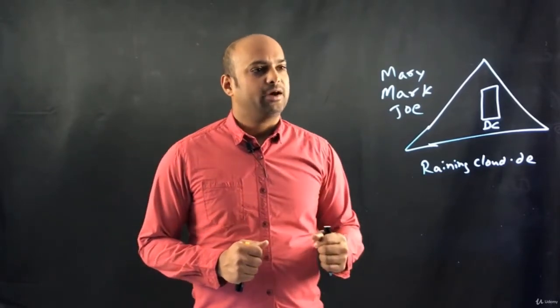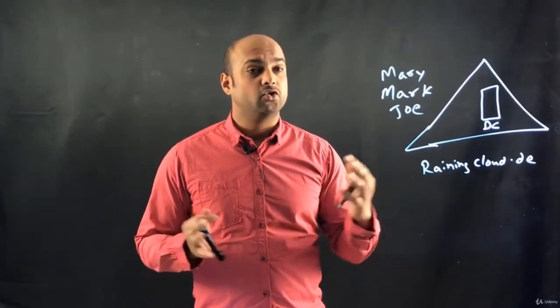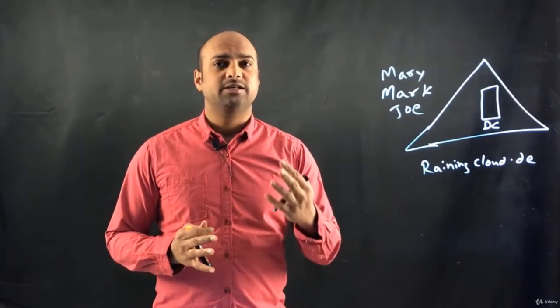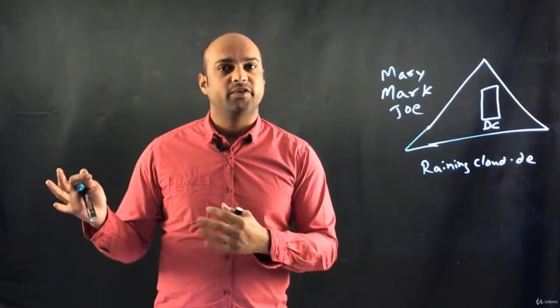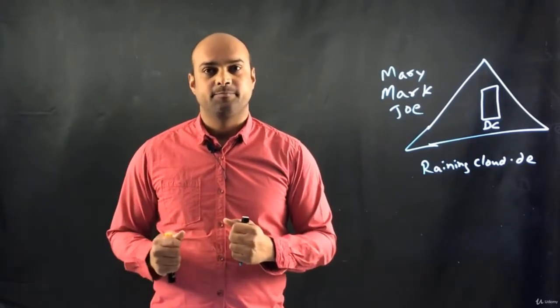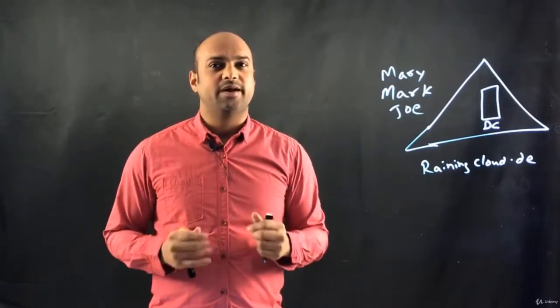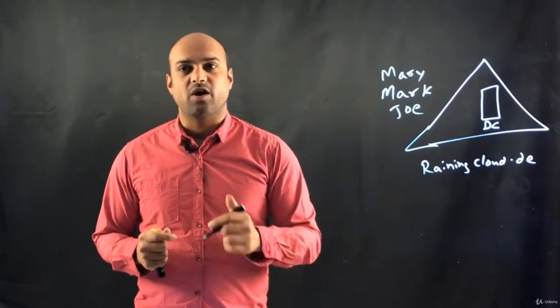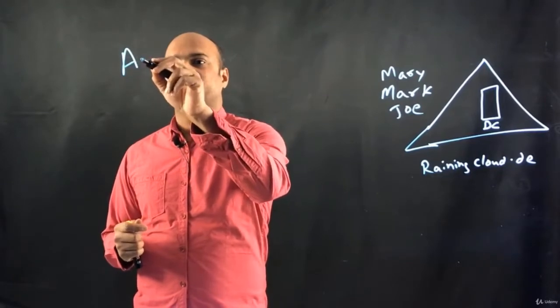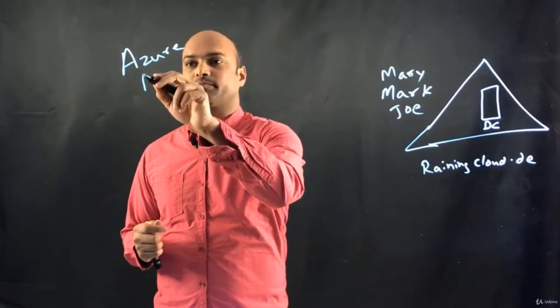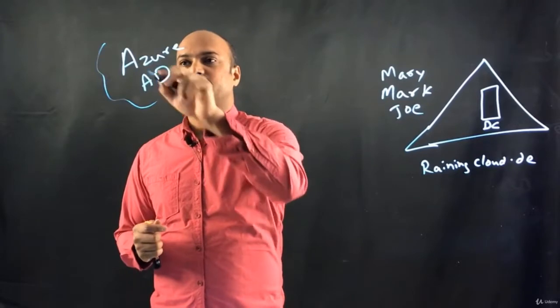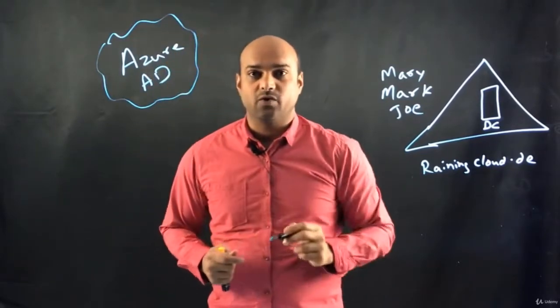Now, with the advent of cloud, your company has started adopting certain applications on the software as a service side of business. So that's where you thought that you will go ahead and utilize the features of Azure Active Directory. So this directory is in the cloud.